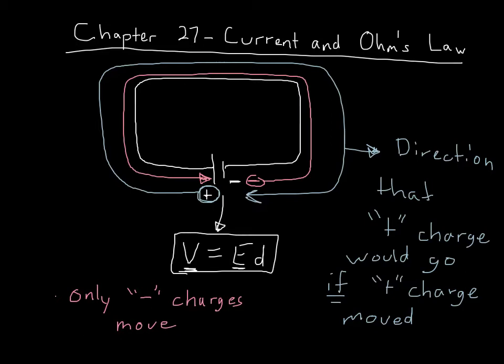But we define something called current as the direction that positive charges would go if the positive charge actually moved. So the current is the opposite direction to the actual direction of charge flow.